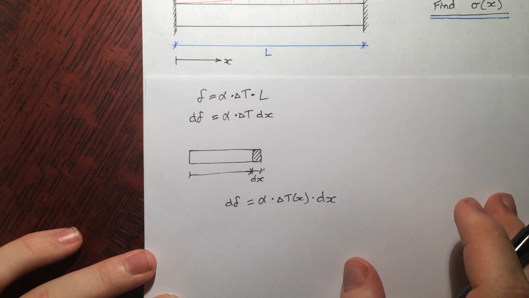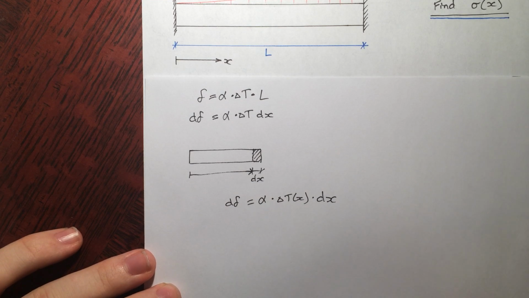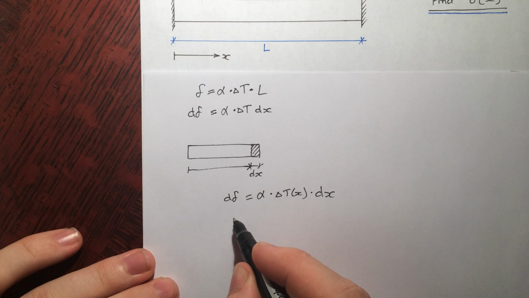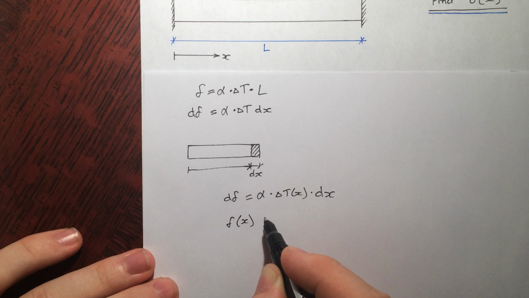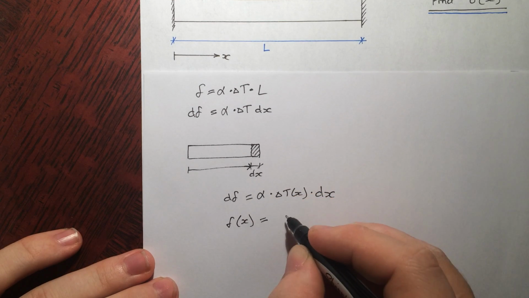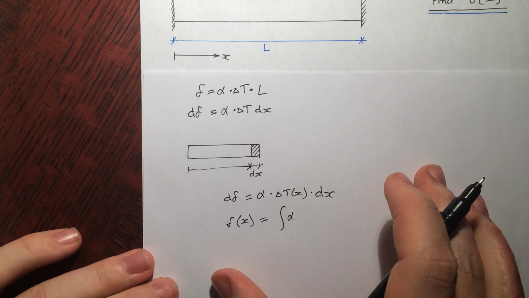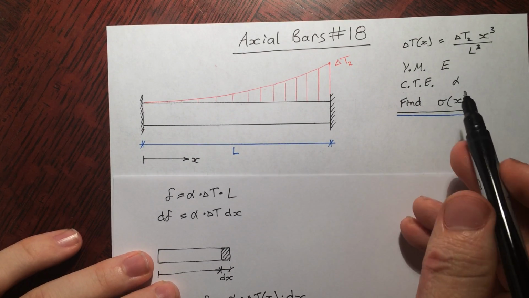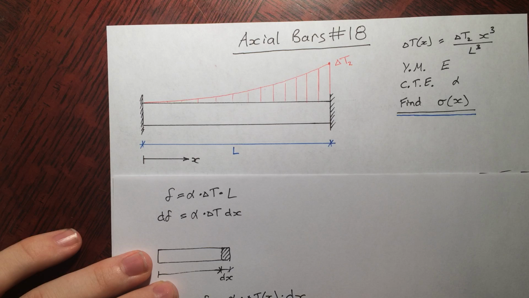So to find the total displacement, we sum up all the displacements. So delta, we're going to get our answer as a function of x, so I'll write it as such, equals the integral of alpha delta t as a function of x, that's this right here, delta t2 x cubed over L cubed dx.